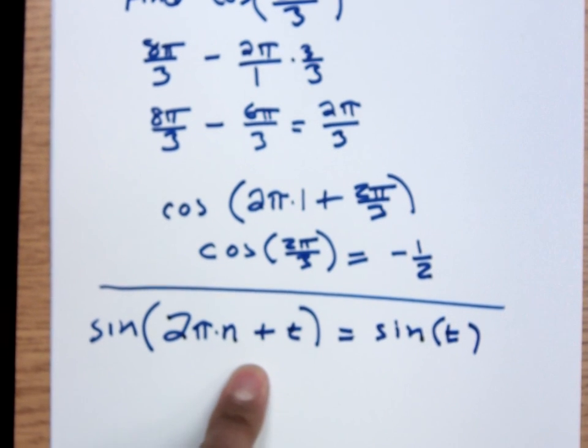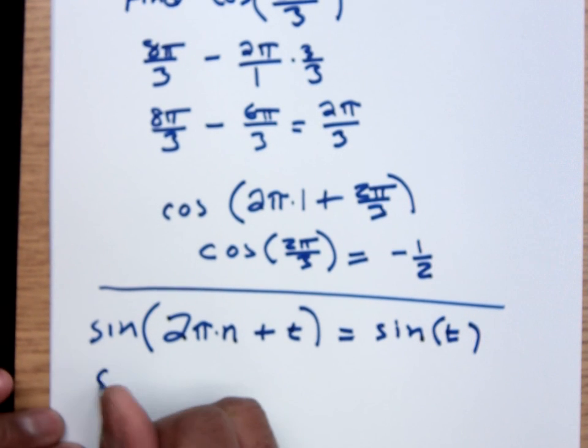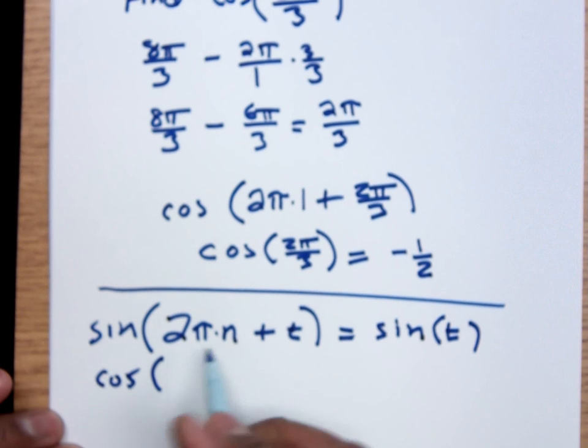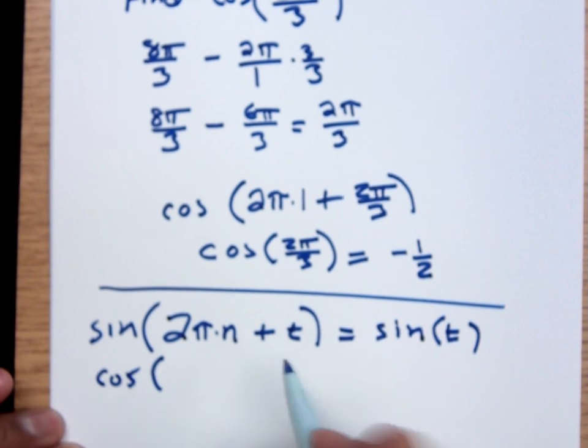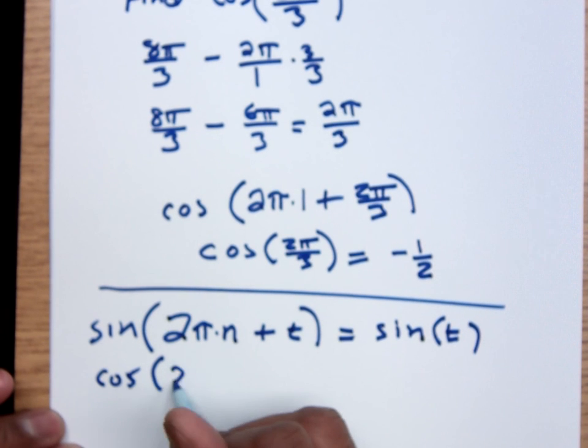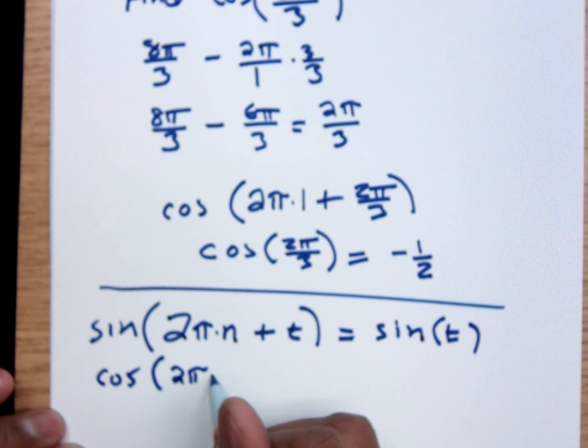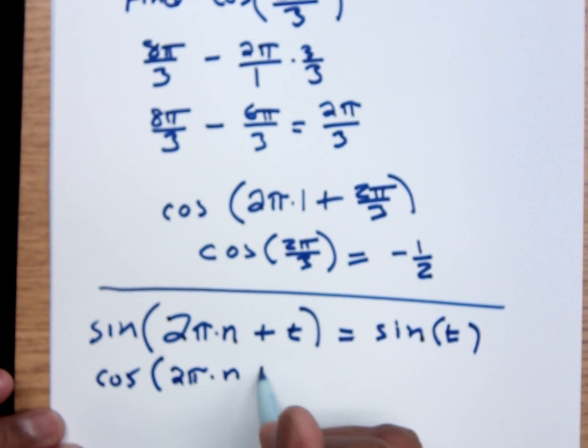Do you see where it says that in your notes? Right on top of the box where it says definition of a periodic function. It also says the same thing for cosine. I know these two are switched around in order, but it's the same: 2 pi times n plus t is the same as t plus 2 pi times n. I'm still going to write it this way: the cosine of 2 pi times an integer plus t.